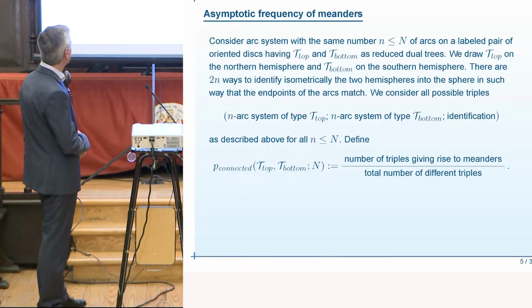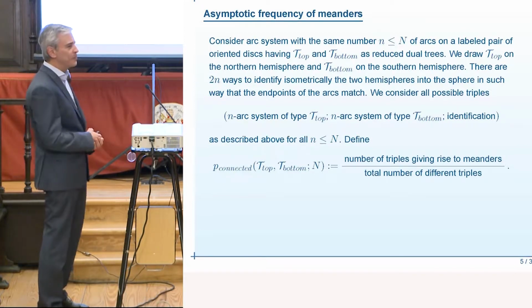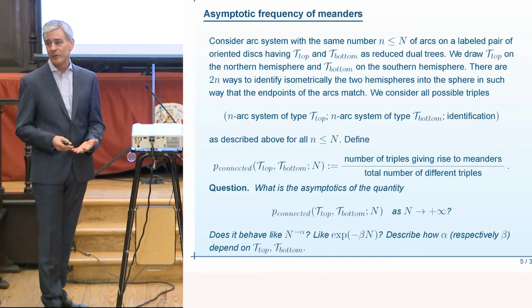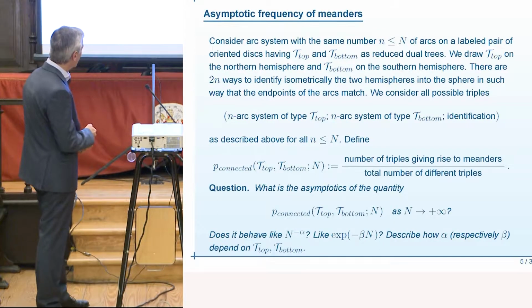And let us consider all possible arc systems with little n arcs, which is bounded by some huge constant capital N, on the upper hemisphere and on the bottom hemisphere. Let's consider all possible identifications, and let's compute a sort of probability to get a meander. We divide the number of triples giving rise to a meander by the number of all possible triples.